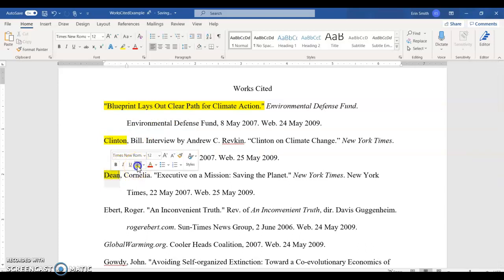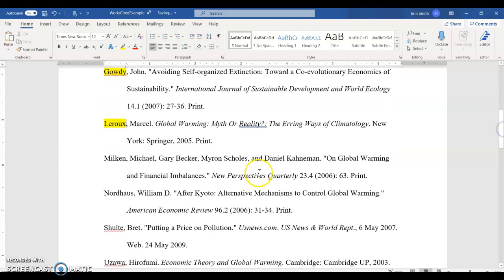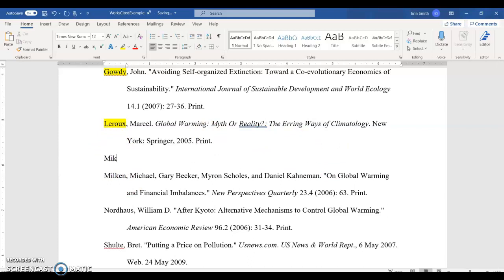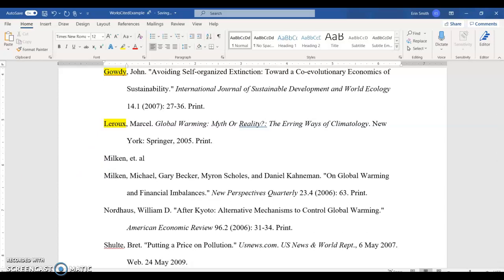This one in my parentheses would be Dean. This one would be Ebert. This one would be Gowdy. This one would be LeBroux. Here, I want to show you this one. So when you have more than 3 authors, what your citation is going to be is the first author's name and et al. So I don't have to type all of those then, because that could be lengthy.